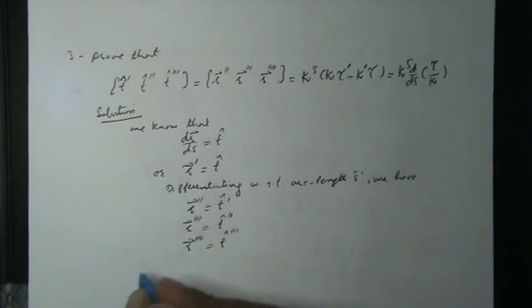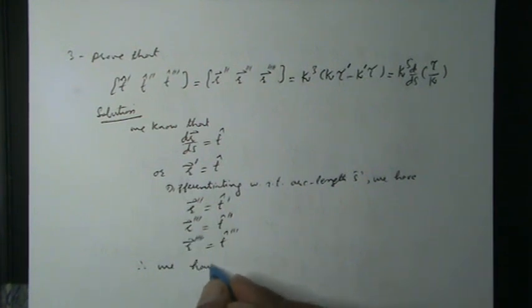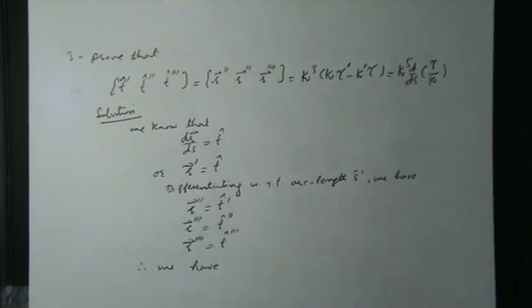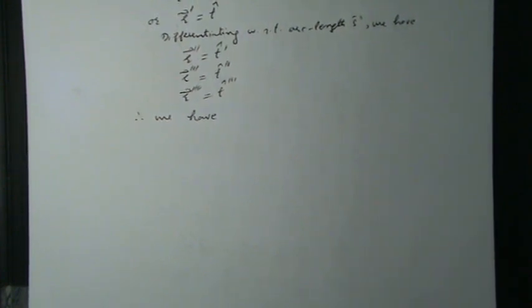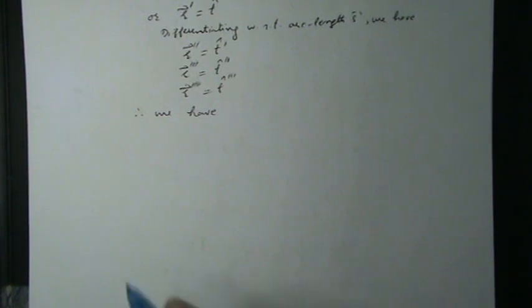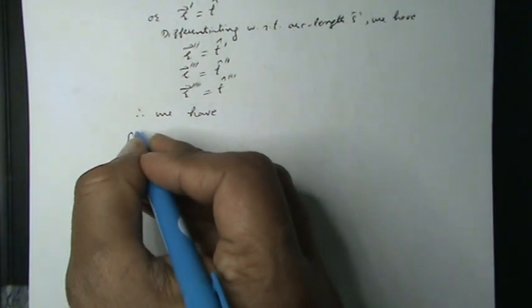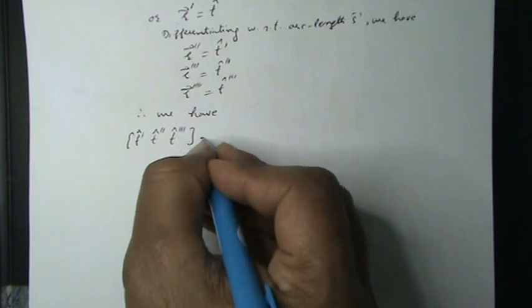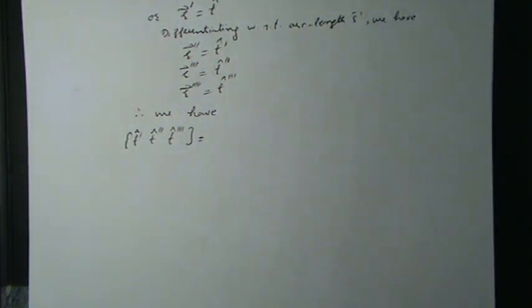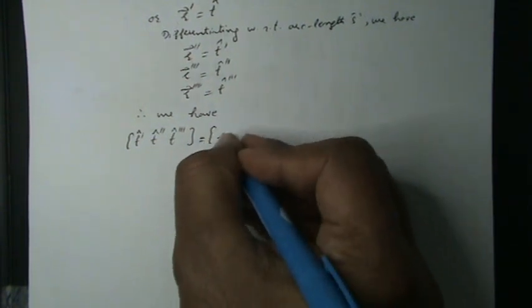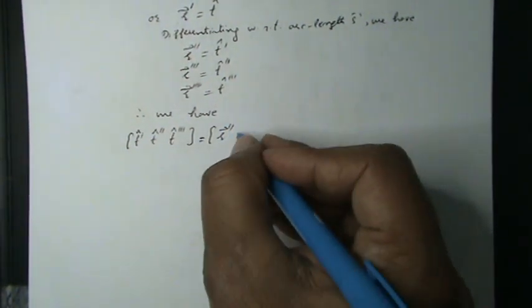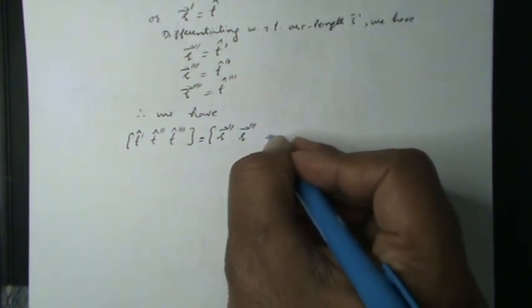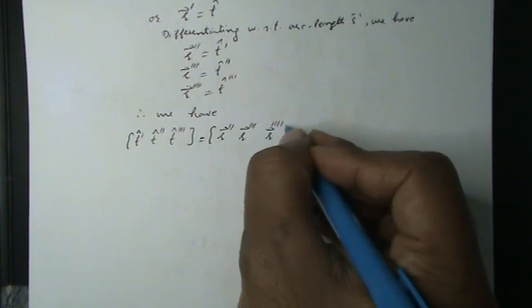Therefore, we have t dash, t unit vector double dash, t unit vector triple dash in scalar triple form equal to r double dash, r triple dash, r fourth derivative, 1 2 3 4.